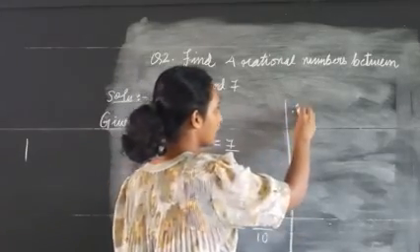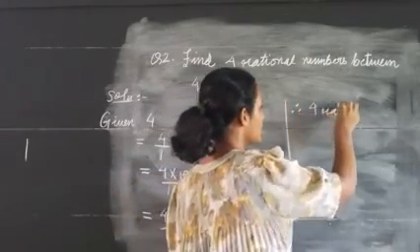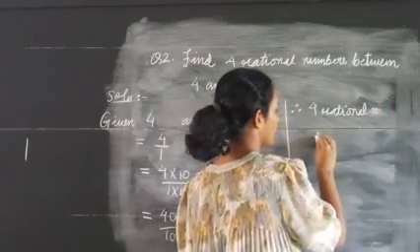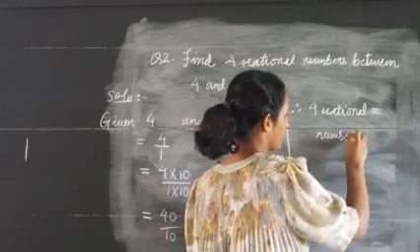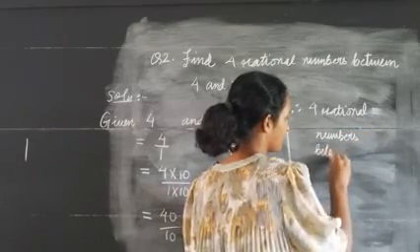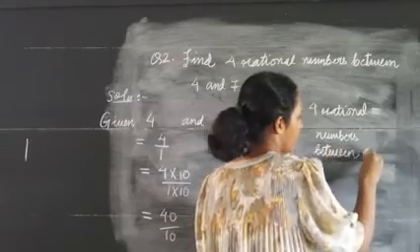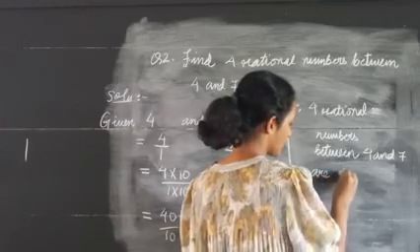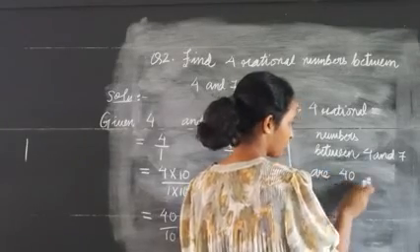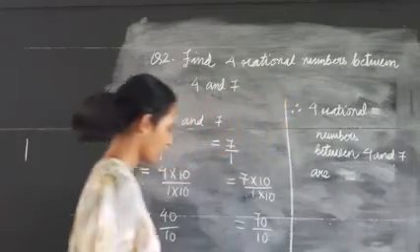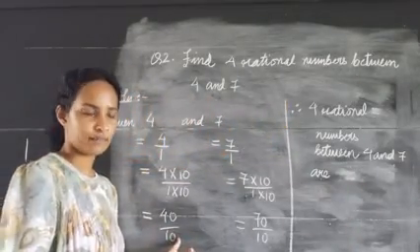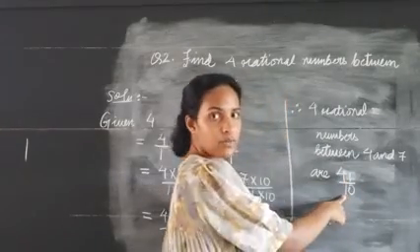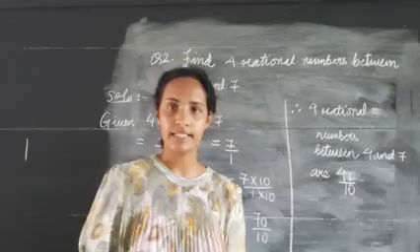Therefore, 4 rational numbers between 4 and 7 are 40 by 10. So we take the next number. What is the next number? 41 by 10. Denominator remains the same, numerator increases by 1.